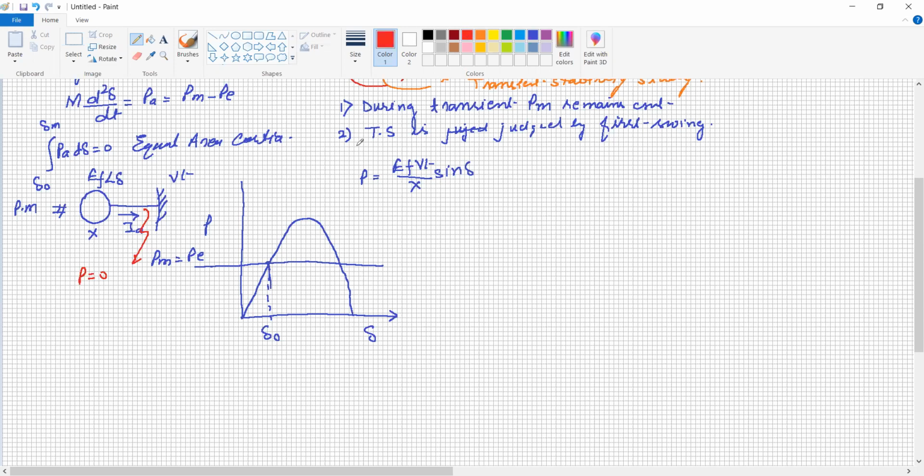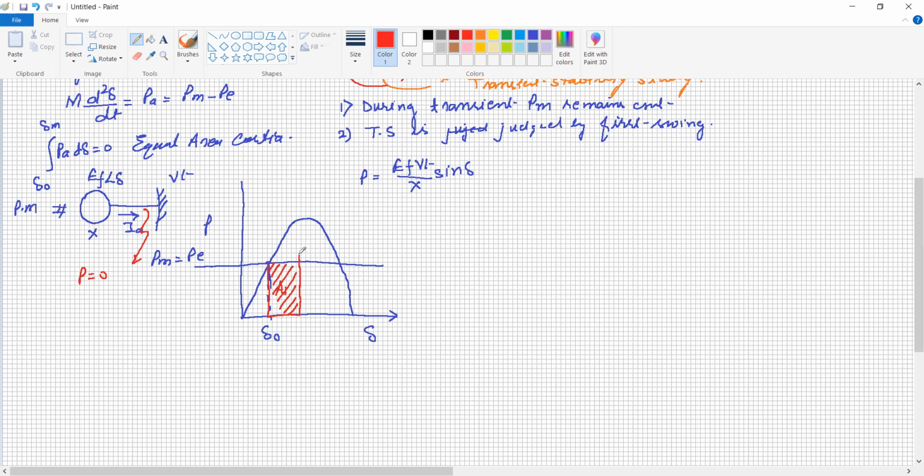This is where the fault occurs, and if the fault remains present, after that the circuit breaker is going to open. So again, your generator, because the electrical power is 0 and mechanical input remains constant, is going to accelerate. So up to the clearing of this, the generator will accelerate. So this area is called the acceleration area A1.